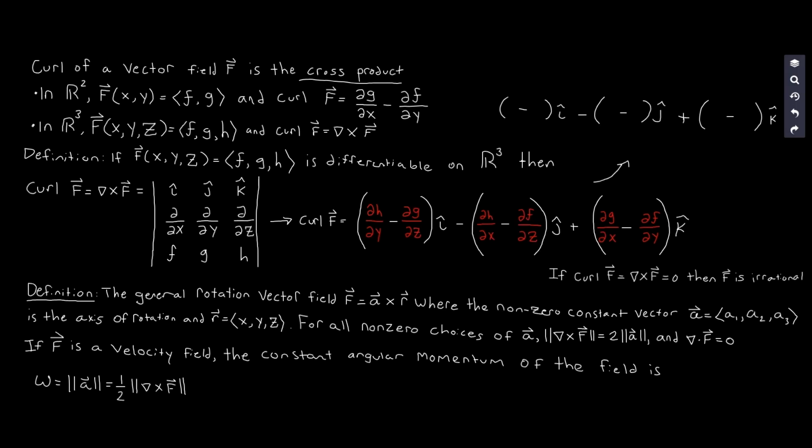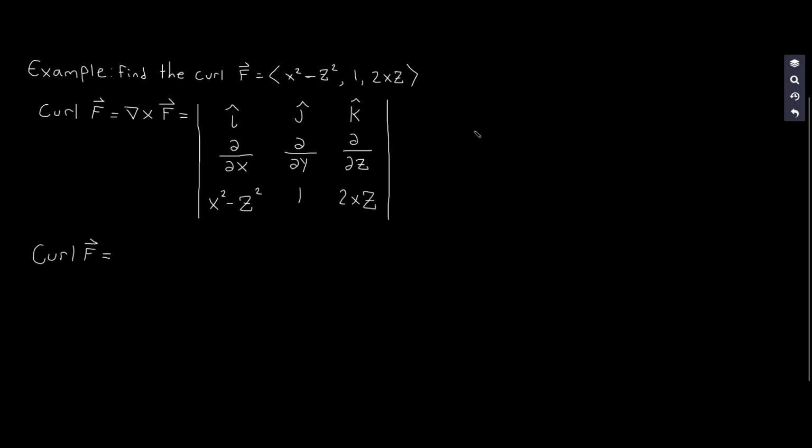Now remember, we're going to use our template here. This is how I like to set this up when I do the cross product, because it's a lot easier to commit the following to memory: blank minus blank.